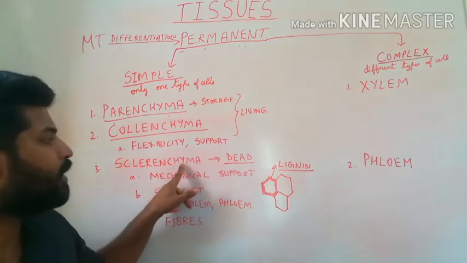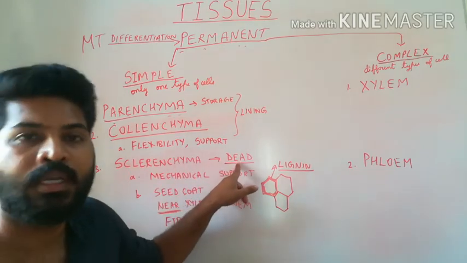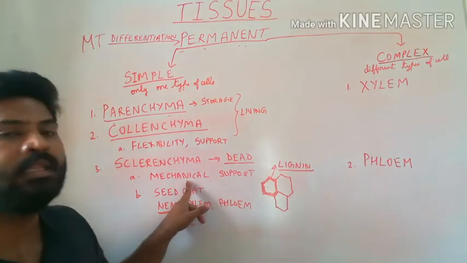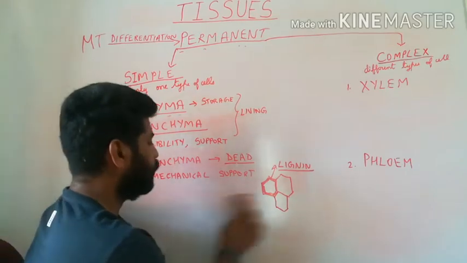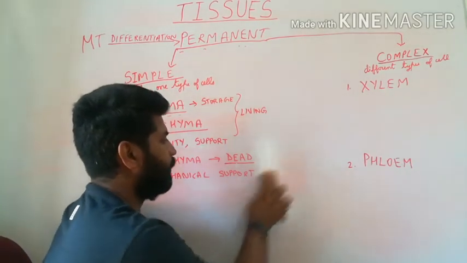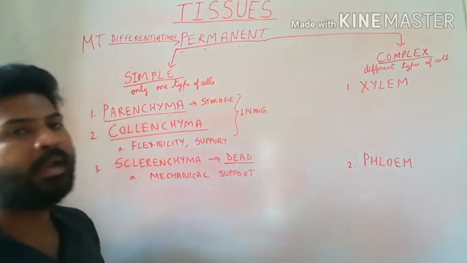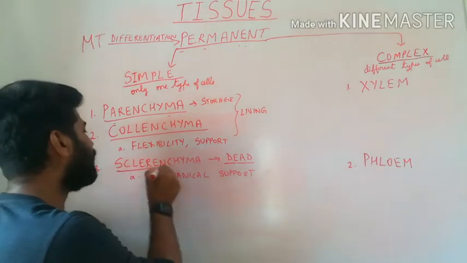Whereas sclerenchyma, it provides support but it is dead, therefore sclerenchyma is called as dead mechanical tissue. That is about the three types of simple permanent tissues: parenchyma, collenchyma and sclerenchyma.